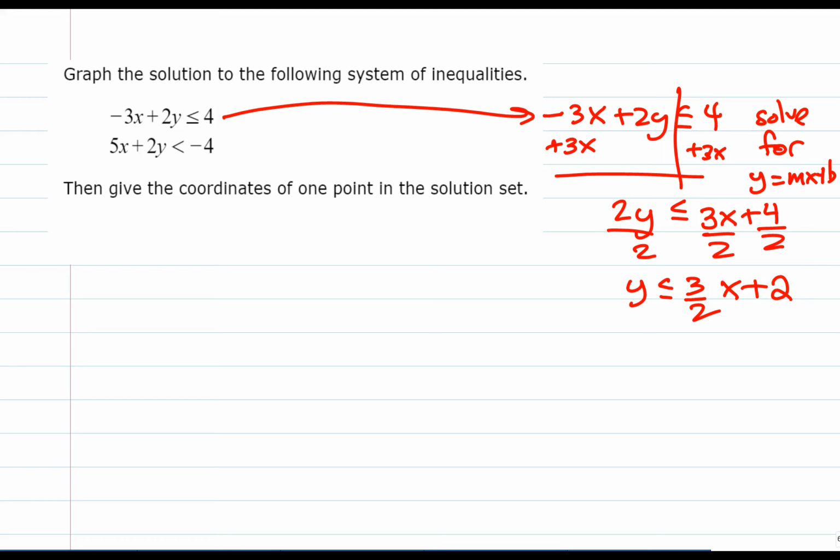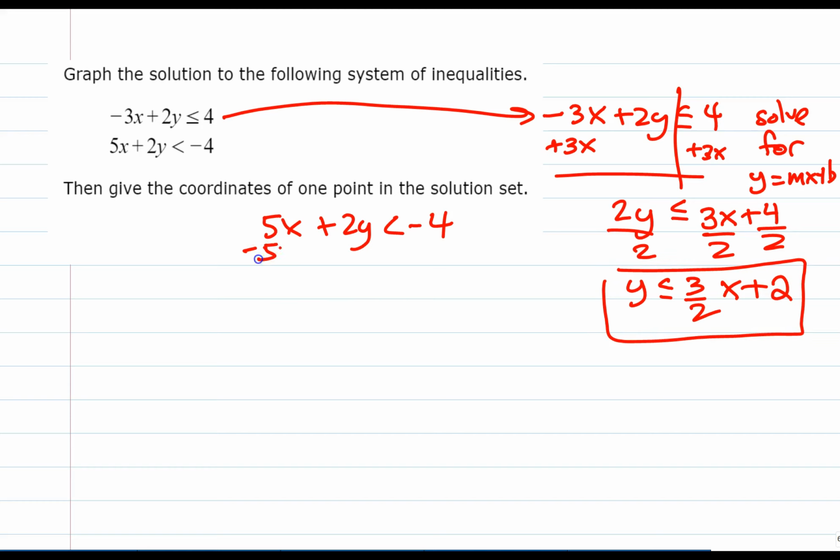Do the same thing with the other equation. 5x plus 2y is less than -4. How would you solve for that y? I heard subtract the 5x. 2y is less than. Why didn't we flip the inequality when we subtracted? Only if you multiply or divide by a negative.